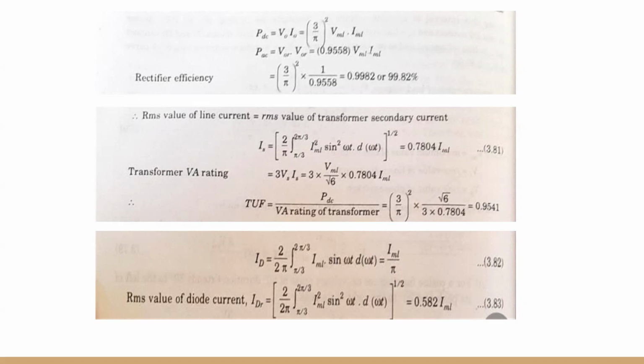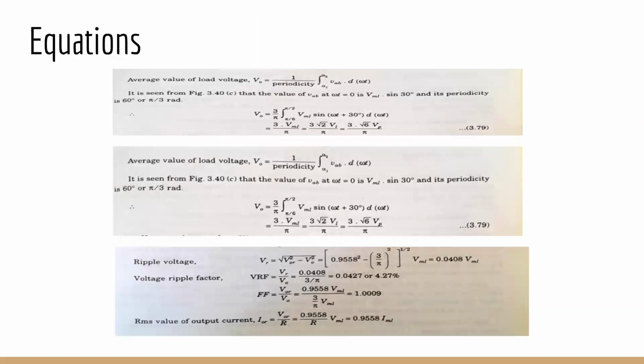Average value of output voltage V0 can also be obtained as under: take any sinusoidal wave and integrate it from 60 degree to 120 degree. It is because the voltage pulse area required extends from omega t equals 60 degree to omega t equals 120 degree.